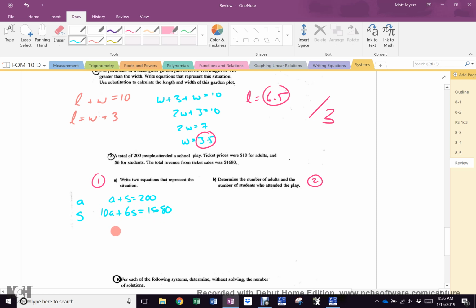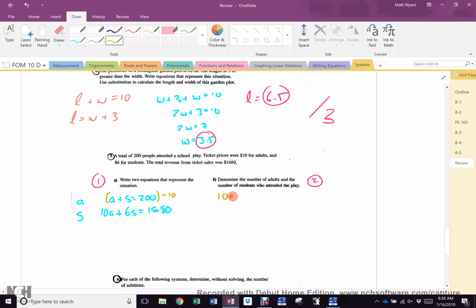Then you solve it. What would I use? Substitution, because if I just move that A over there, I've got it, right? Do I have to? No. So since you all said I would use substitution, I'm going to use elimination this time. Multiply by minus 10.